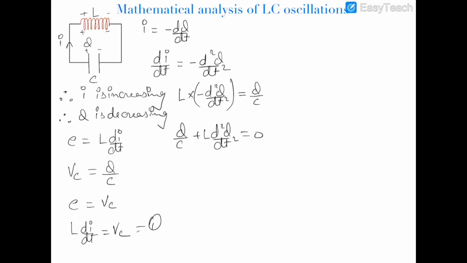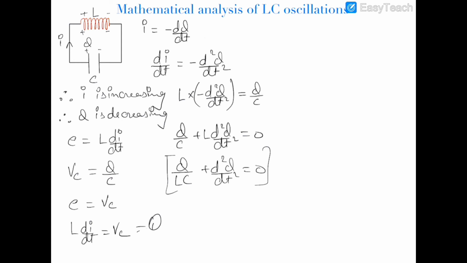Taking L common, I can write q upon LC plus d square q by dt square is equal to 0. Now you can analyze that this is the equation of a simple harmonic oscillation.